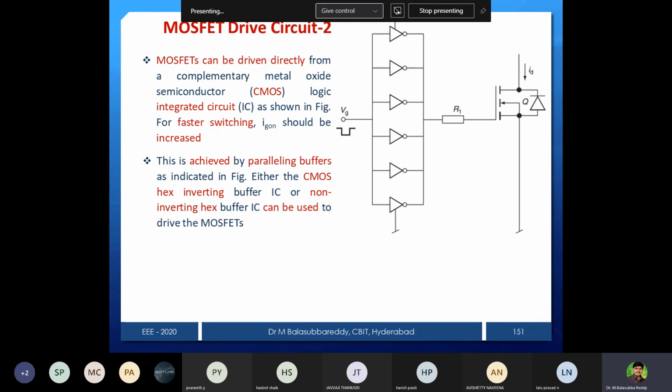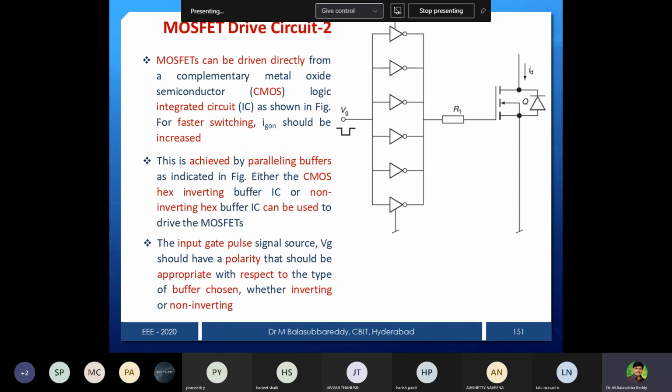This is achieved by paralleling buffers, using either a CMOS hex inverting buffer IC. Different ICs are available. A non-inverting hex buffer IC can be used to drive the MOSFET.